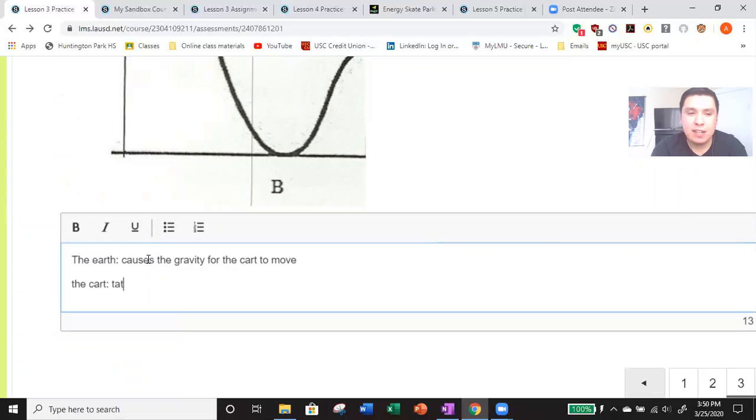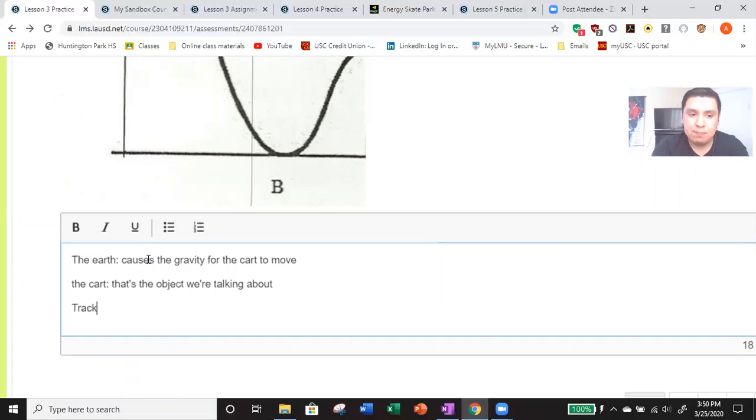That's the object we're talking about. That's the main thing that's moving. You have the tracks.